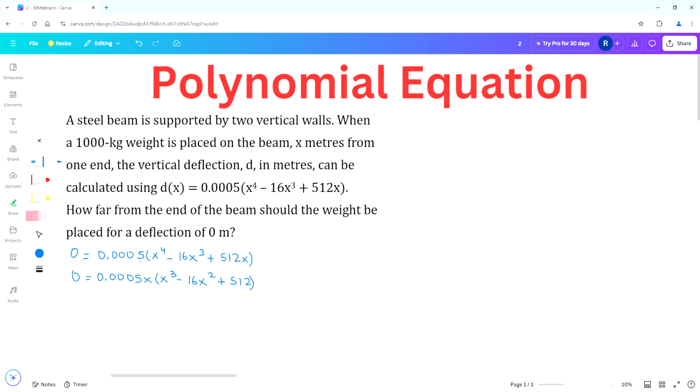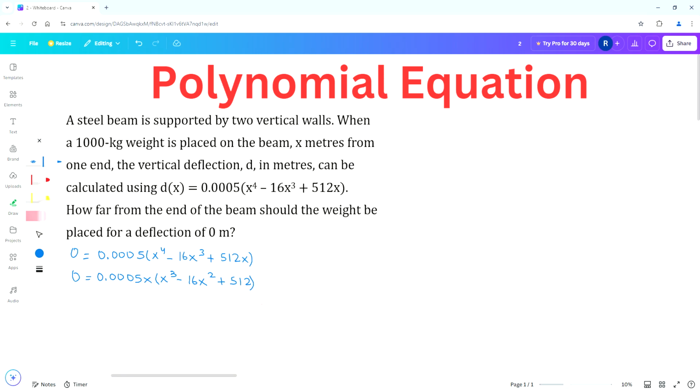Next, we should use the rational roots theorem to factor the cubic polynomial in the parentheses. The leading coefficient for this cubic polynomial is 1. There is an invisible 1 with x cubed. The number term in this cubic polynomial is 512.